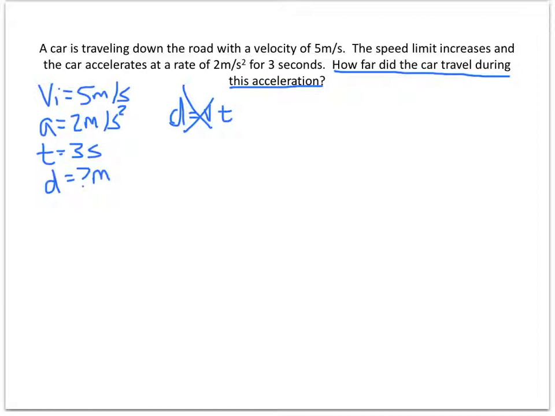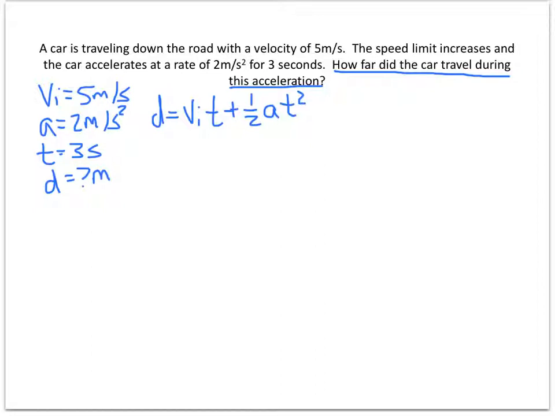That won't give me the variables that I need or the calculation that I need. So make sure if something is accelerating, you don't use that. So I'm actually going to erase that now because I don't want it. Okay, the correct formula that I'll be using is D equals VIT plus 1/2 AT squared.